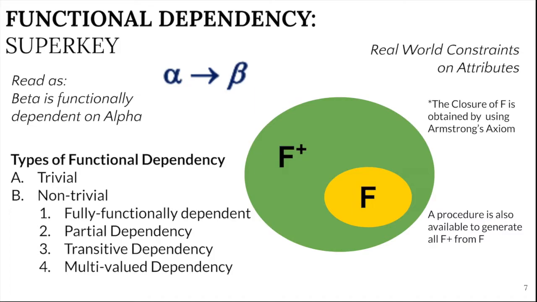If you don't use the Armstrong axioms, you can actually exhaust and generate all functional dependencies that are part of F plus given F. Okay? So usually, the Armstrong axioms are used to verify if a certain alpha to beta is in F plus of F.